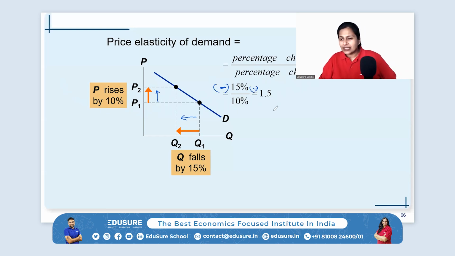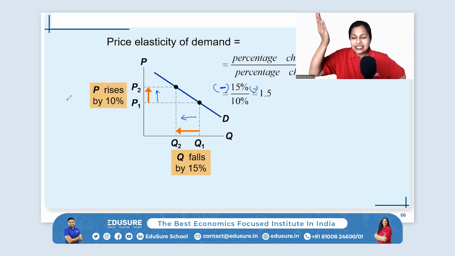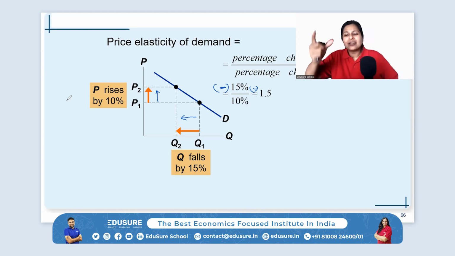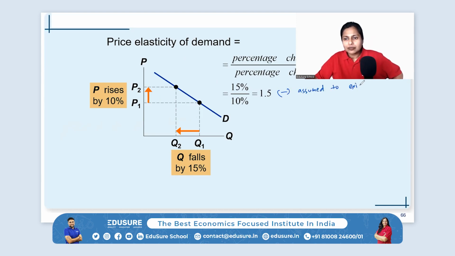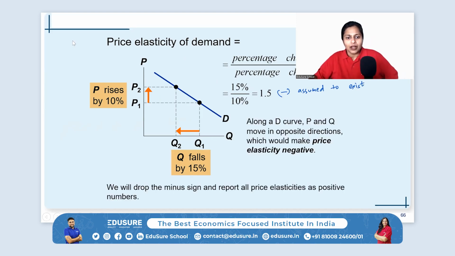We don't put that negative sign because it would confuse what is an increase and what is a decrease. If it went from -1.5 to -3, we would say elasticity increased, but actually -1.5 is bigger than -3. That is why we remove the negative sign and talk in absolute values. So we generally talk about elasticity in absolute values; the negative sign is assumed to exist. We will drop the minus sign and talk about elasticities in absolute values.